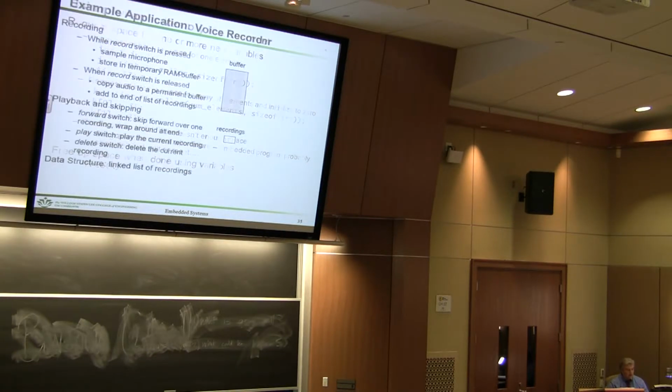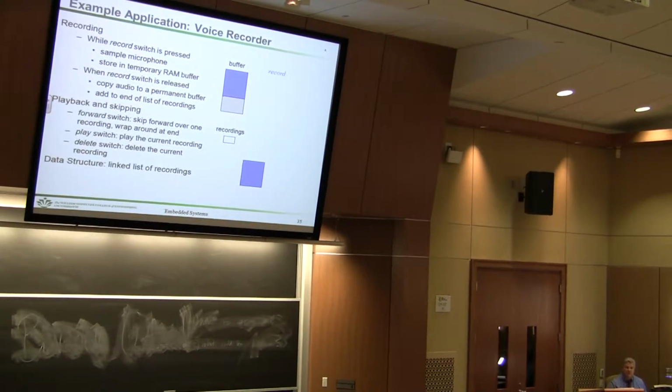The architecture we have is that when we record something, it records and puts it in a temporary buffer, and you'll want to save that. So you will malloc some space, you'll copy all that data over, and it will exactly fill that space because you only need as much as there is.